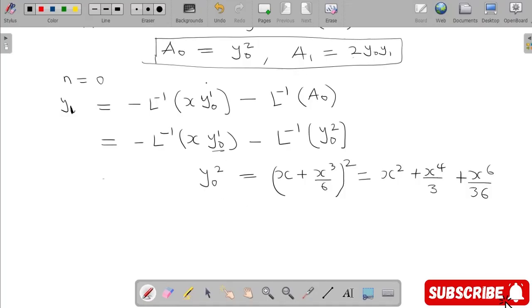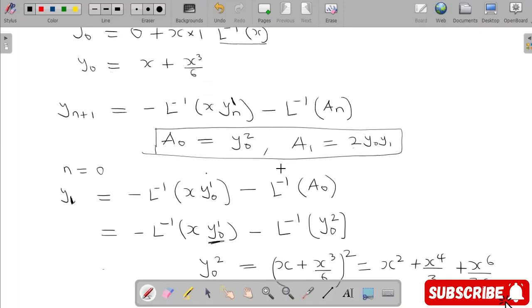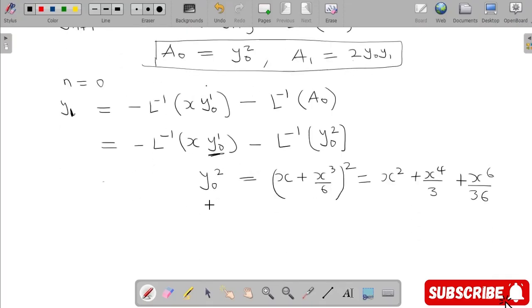Then let's obtain our y0'. We should not forget that y0 is x plus x cubed over 6. Differentiating it once, y0' will give us 1 plus x squared over 2. So we plug in y0' and then y0 squared into this.